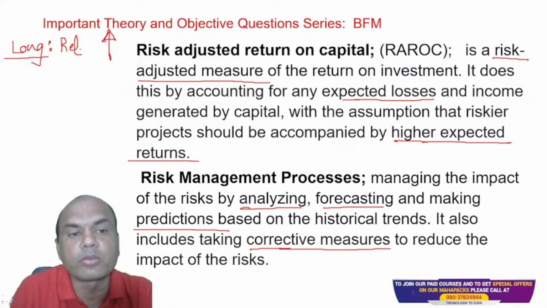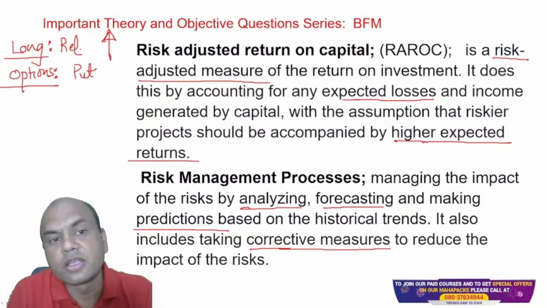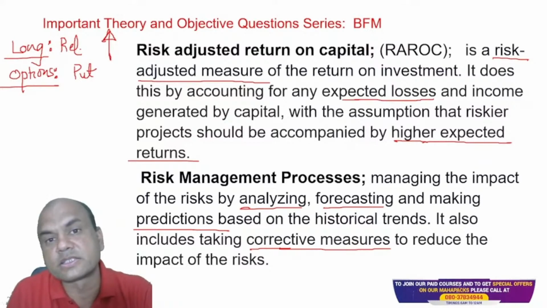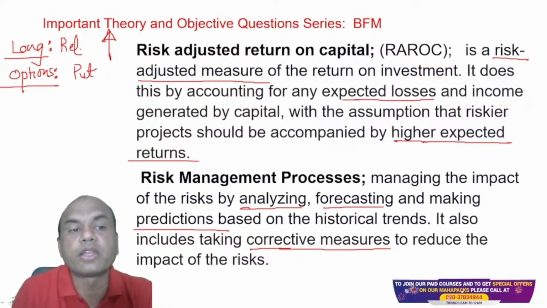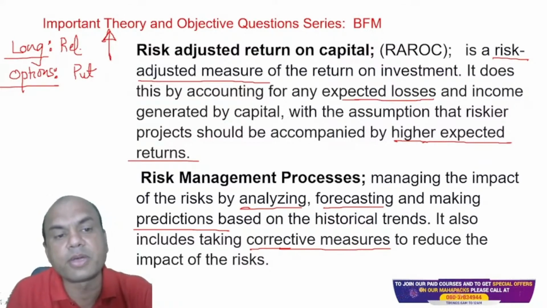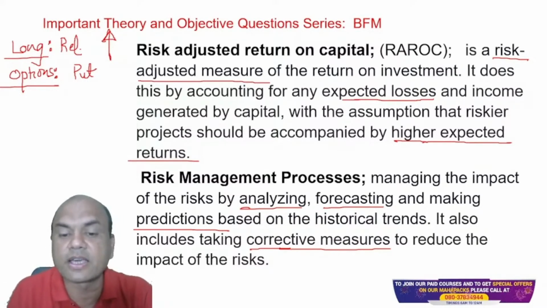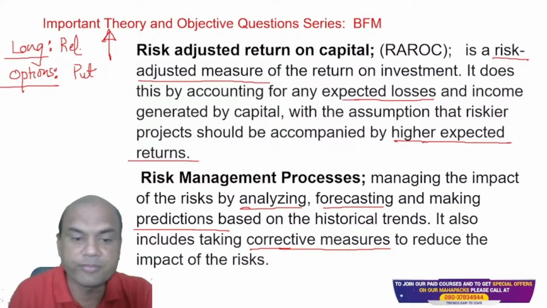Whenever I am having a long position in stocks or commodities, then in the derivatives options market I must have the reverse view. So I'll buy the put option. Put means if the market goes down, then the value of that put increases. That's why whenever you are long on a commodity, you must always buy put options to hedge that risk. This is known as hedging. Corrective measure means hedging.